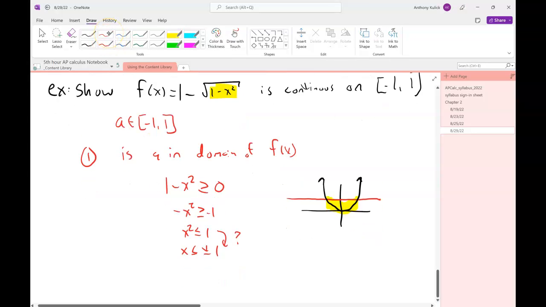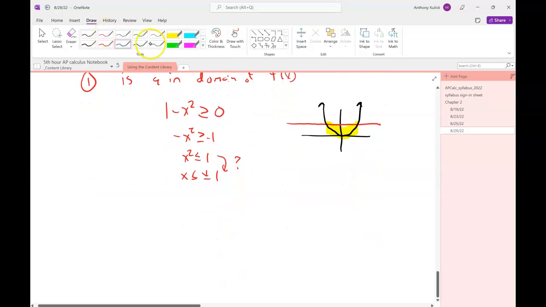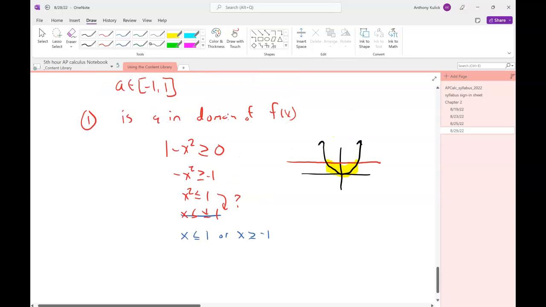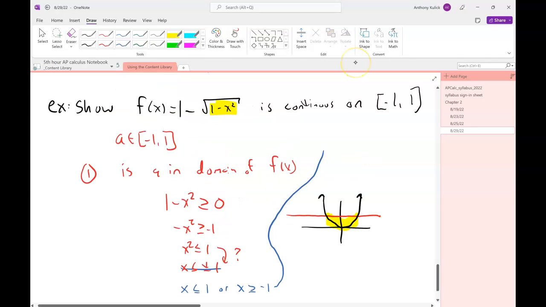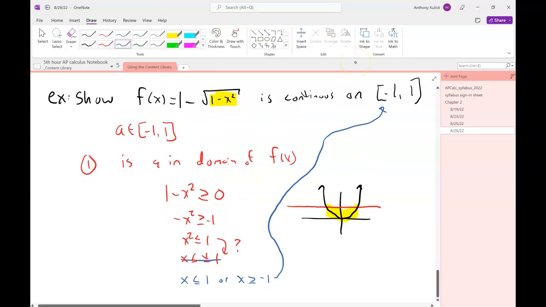So really we mean x is less than or equal to 1, or x is greater than or equal to negative 1, which is exactly this, right? So good, anything we pick from that interval is certainly in the domain of our function. Everybody's good?